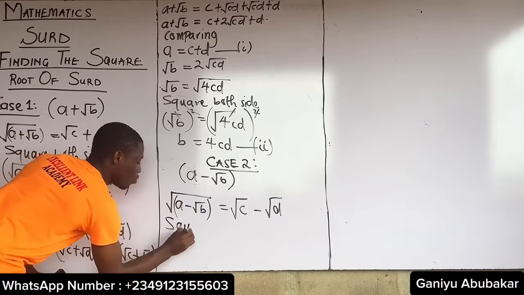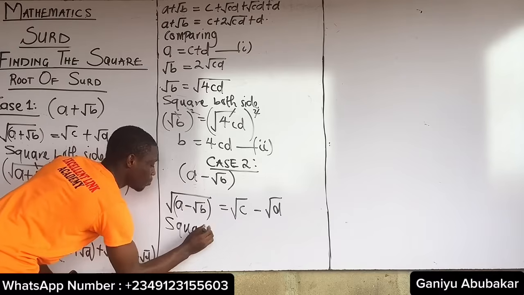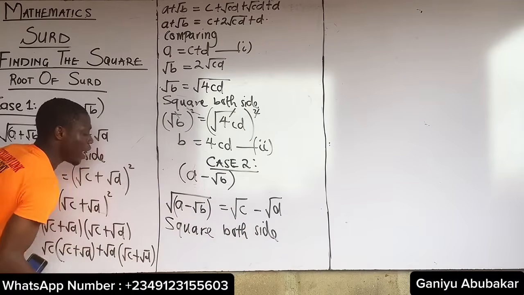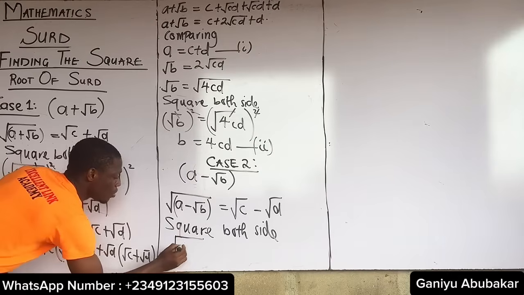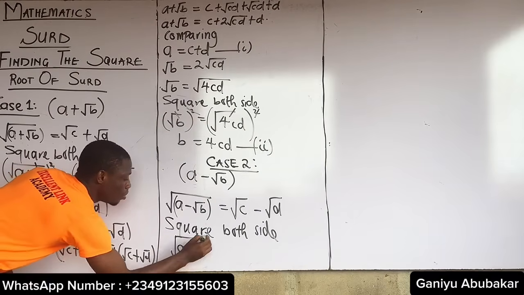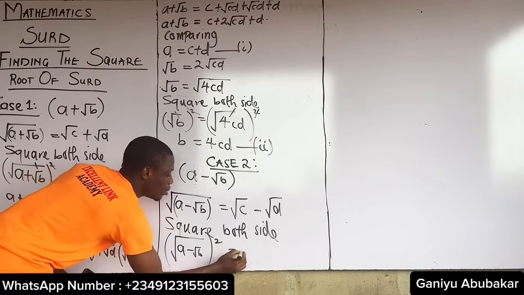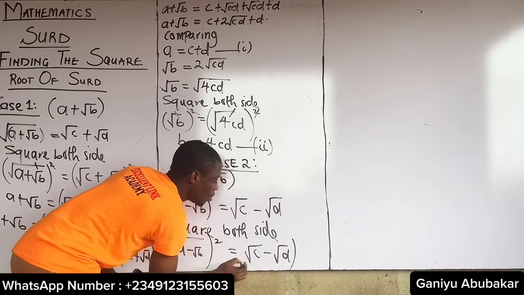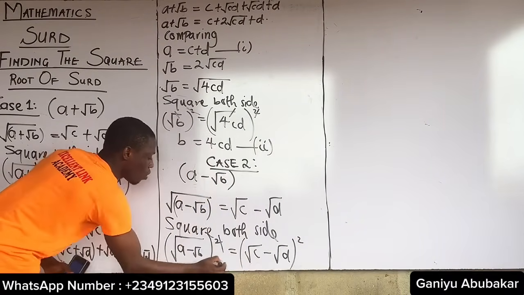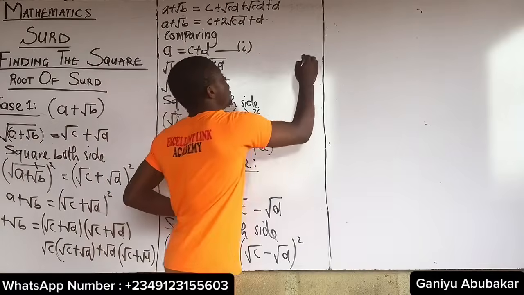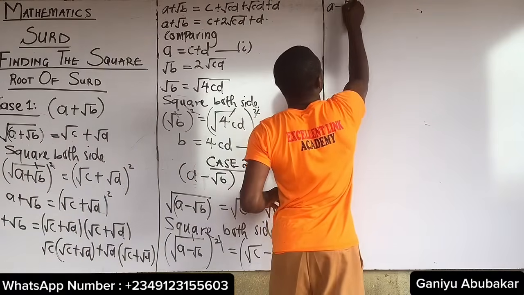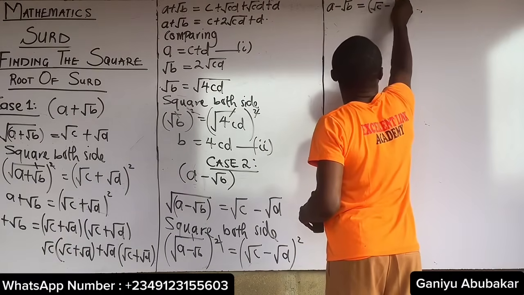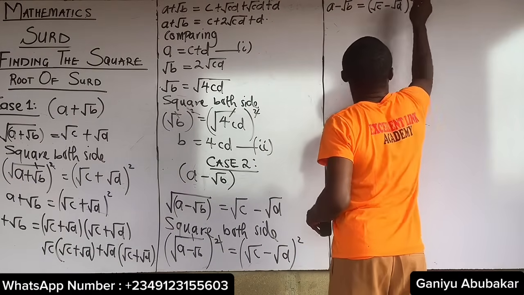So I'll have root A minus root B all squared is equal to root C minus root D all squared. Square cancels out square root. So we have A minus root B is equal to root C minus root D all squared.